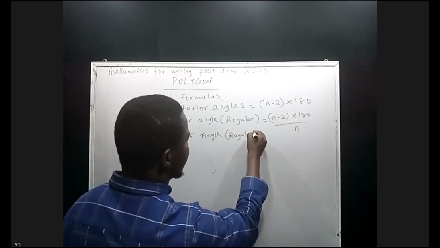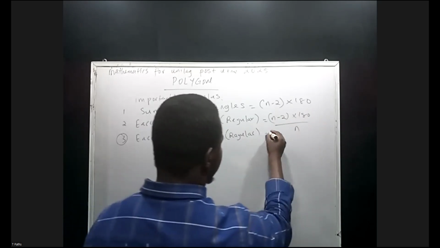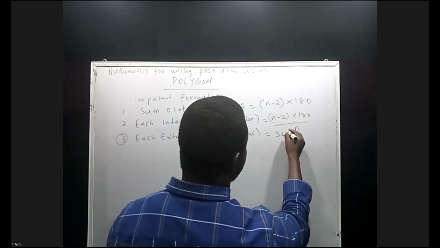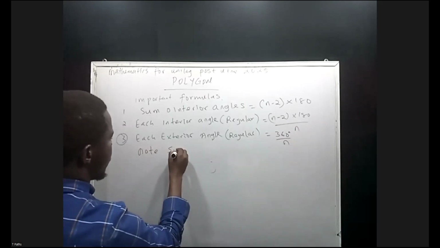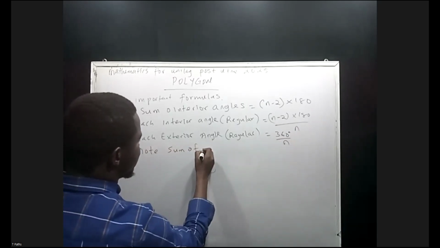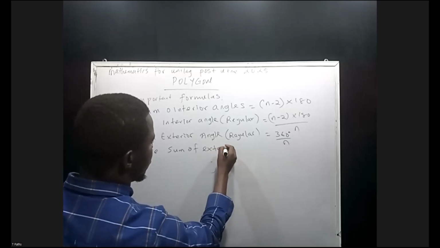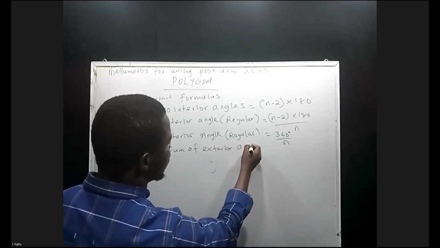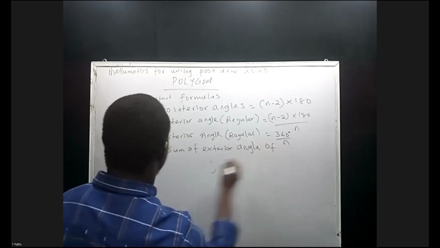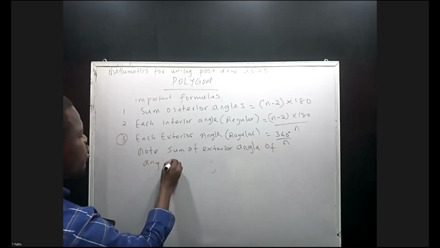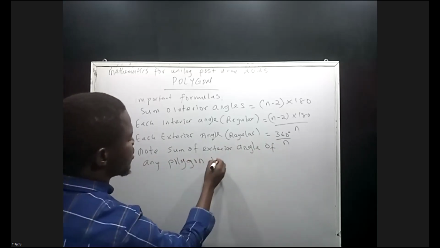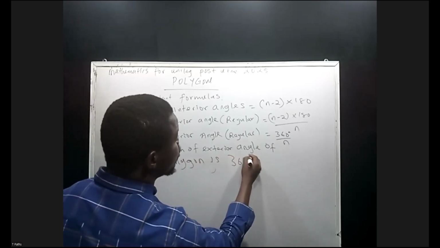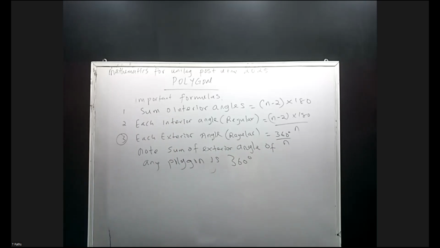It is 360 over n. Note the sum of exterior angles of any polygon is 360.